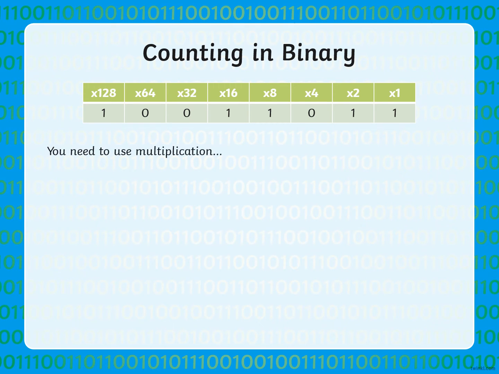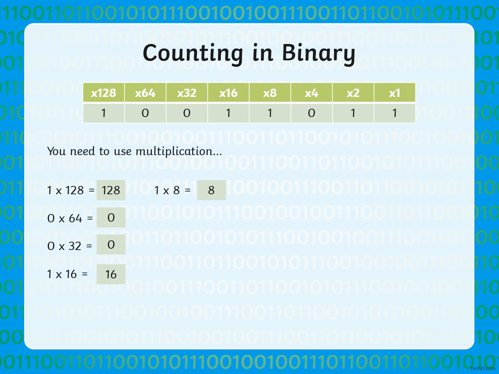You need to use multiplication to work out the answer. 1 times 128 equals 128, 0 times 64 equals 0, 0 times 32 equals 0, 16 times 1 equals 16, 1 times 8 equals 8, 4 times 0 equals 0, 1 times 2 equals 2, and 1 times 1 equals 1.